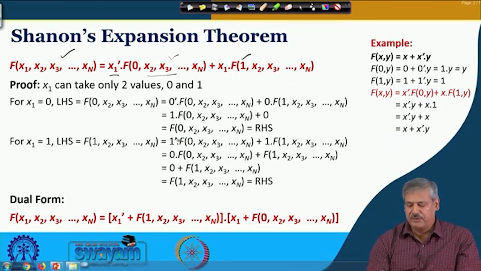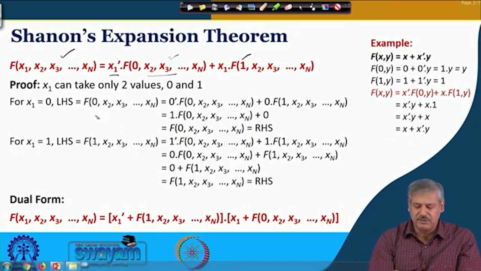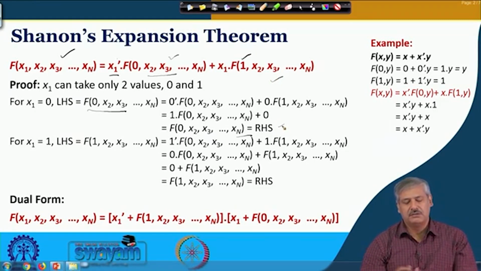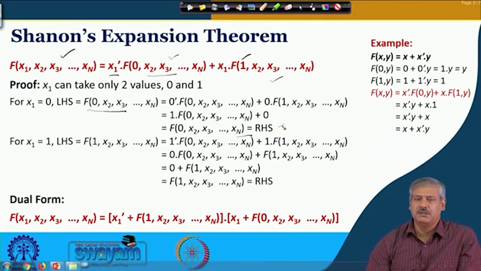So, you will be left with this one only, and left hand side you have already substituted 0 over here. So, left hand side and right hand side is matching. Okay. Similarly, if you put x1 is equal to 1, you will get the other term. Okay. So, if x1 is 0 and if x1 is 1, then these are the two cases and they are getting summed up, and you get the final relationship, final term for the function in hand.